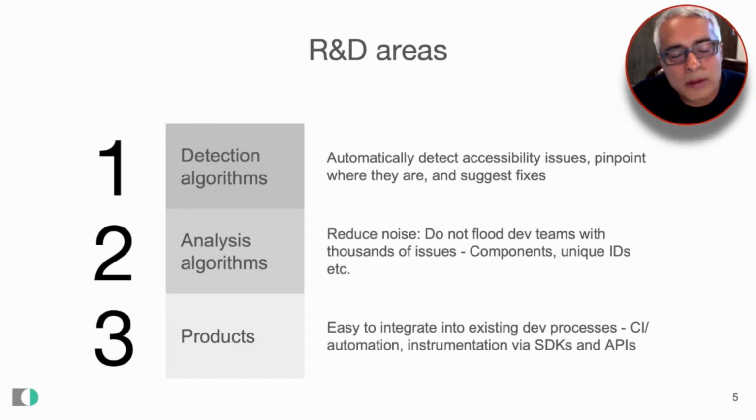Because there are tens of thousands, if not hundreds of thousands of issues sometimes. And that really is a problem. So we think that the right approach, while there might be hundreds of thousands of instances of problems, you can, with algorithms, reduce that to a much more solvable set, if you will.